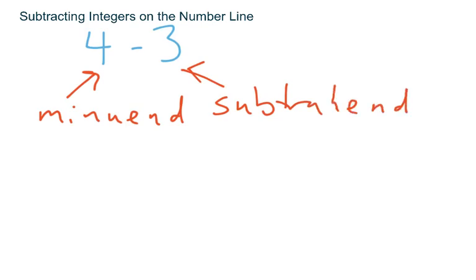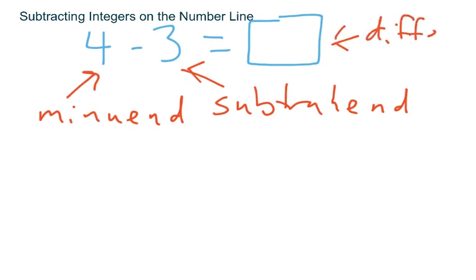And I apologize for my sloppy writing. What you get when you do the subtraction, which I'm going to leave suspenseful for a minute, what 4 minus 3 is, the result that you get is called the difference. Not enough room. Let me try that again. The difference.